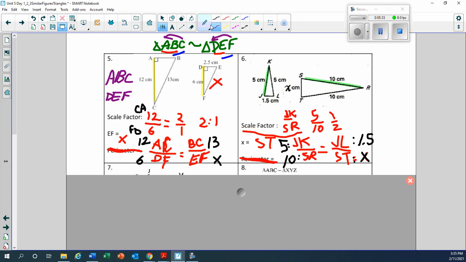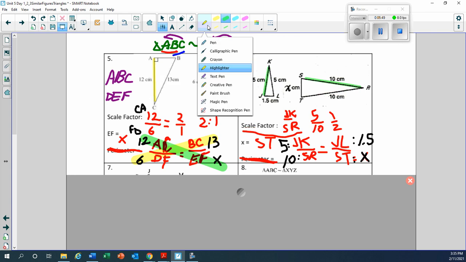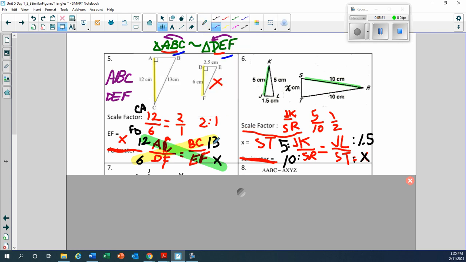You need to multiply 13 times 6 along with 12 times x, and you will get, as a result, 13 times 6, 78, equal to 12x. And then, of course, divide both sides by 12. You will get a decimal for that. I promise you.